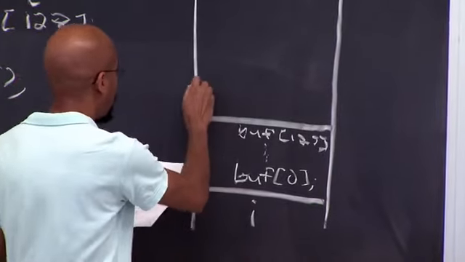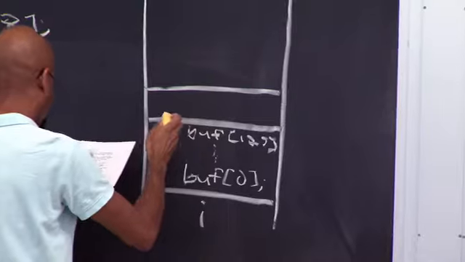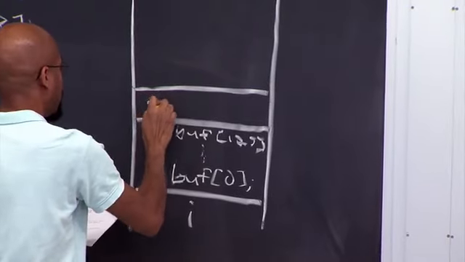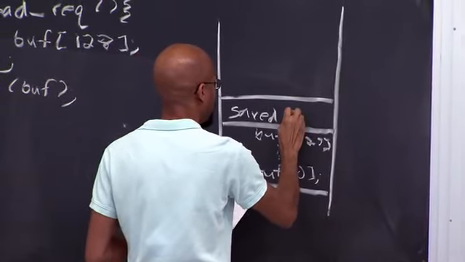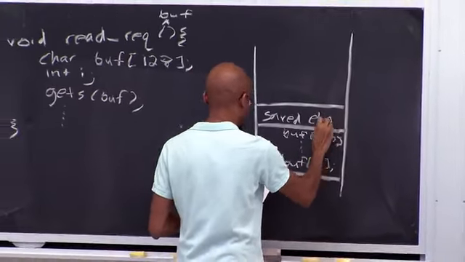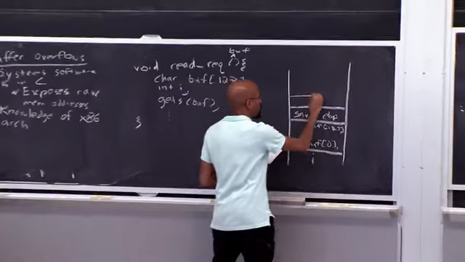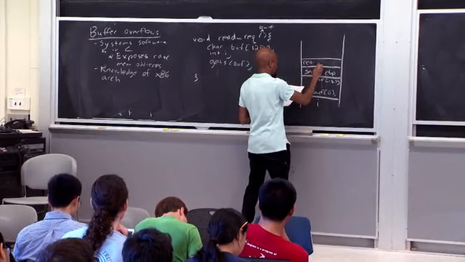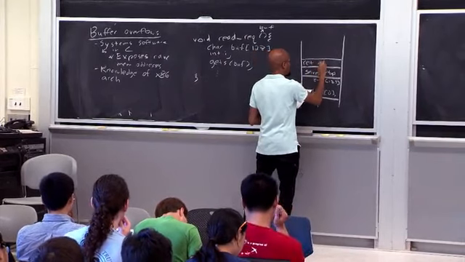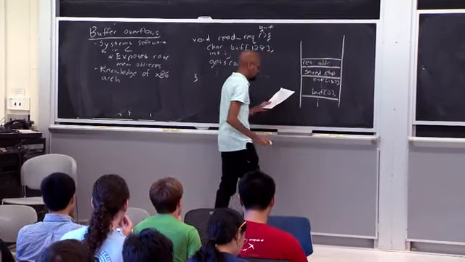So anyways, up here, we've got the saved value of the base pointer. We've got the return address for the function there.